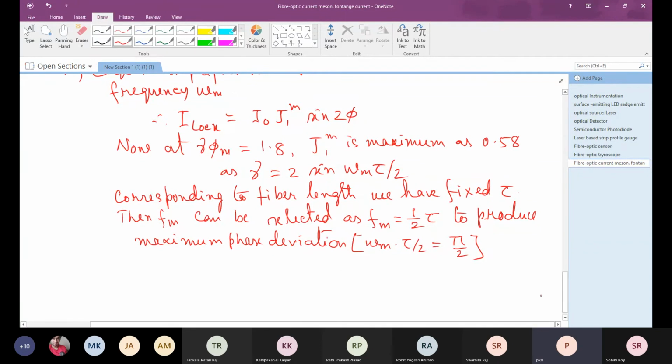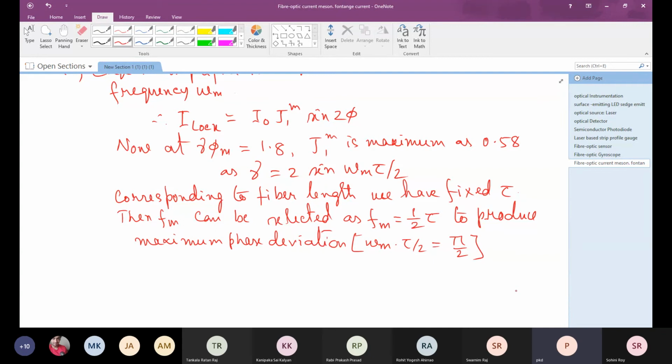I think more or less we have discussed the principle. More than this, I think we should not discuss. We have many other topics, and we may have just 2 days for this optical sensor this week only. So in that we will try to cover two more types of sensor.